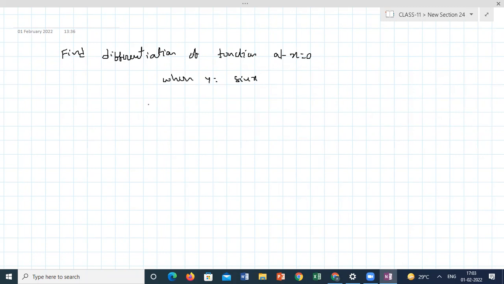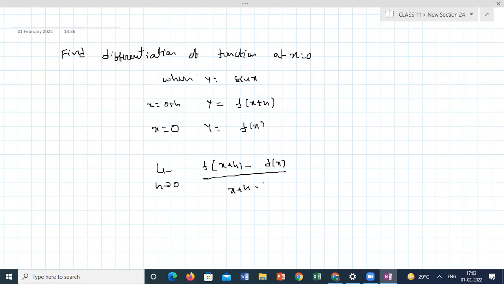So, if x is equal to 0 plus h, y will become f of x plus h, where y is f of x. So limit h tends to 0, f of x plus h minus f of x divided by h.